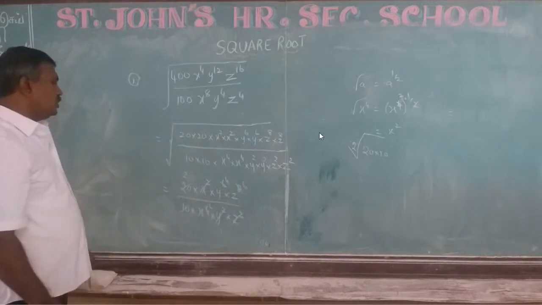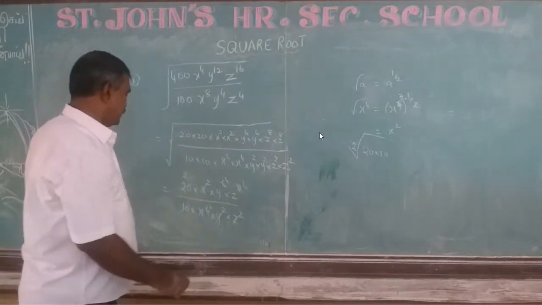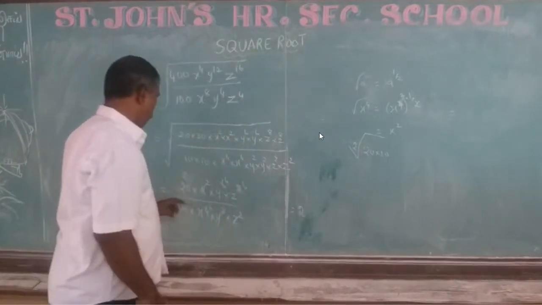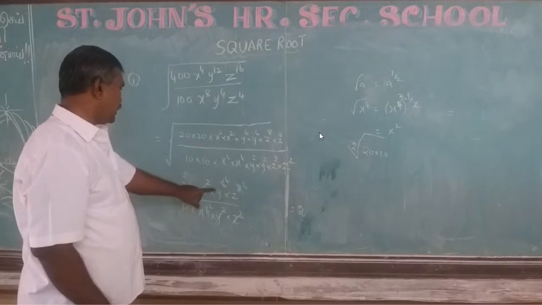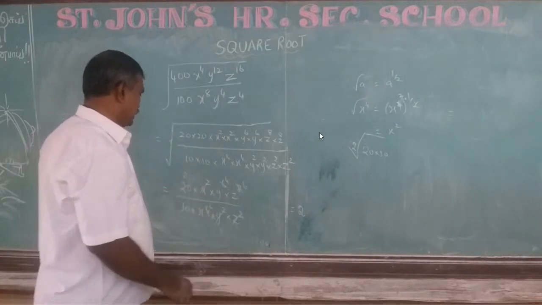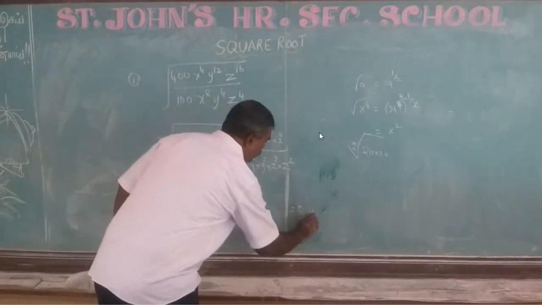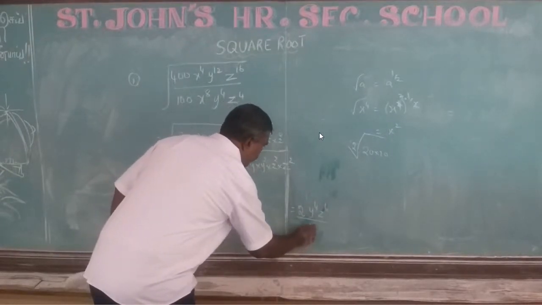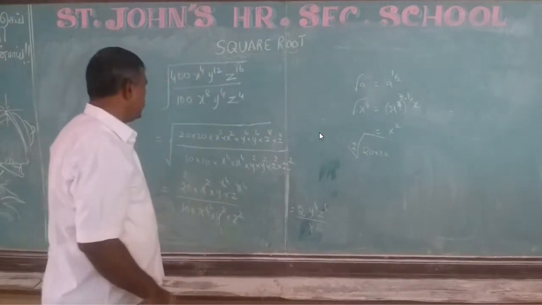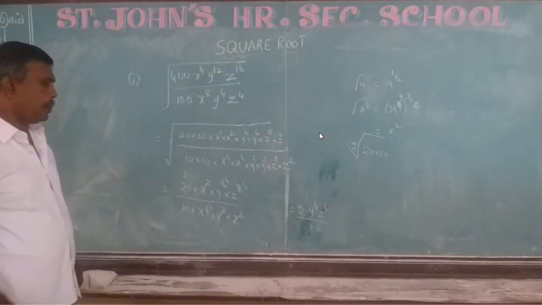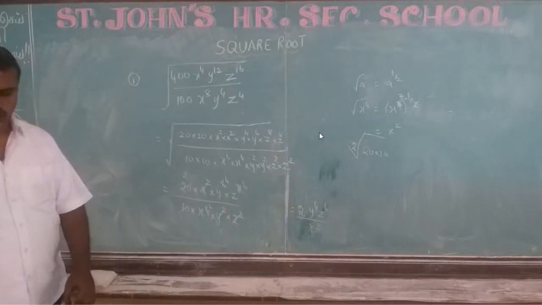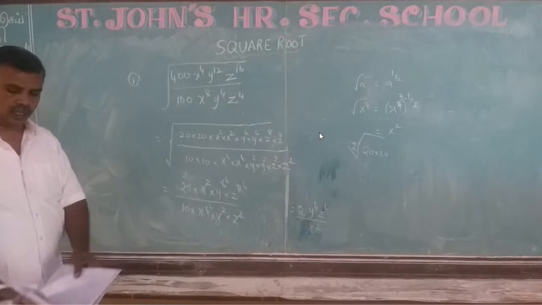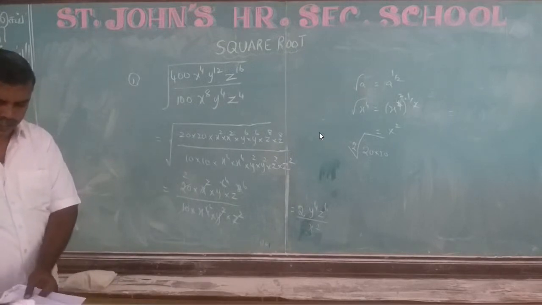Therefore, the square root is equal to 2 into y power 4 z power 6 by x square by x square. Okay. Now we move on to the second problem.